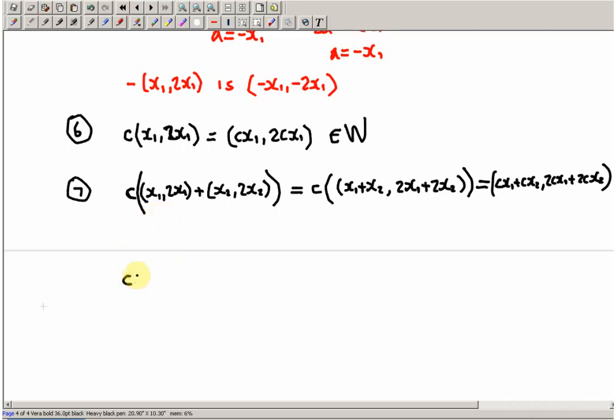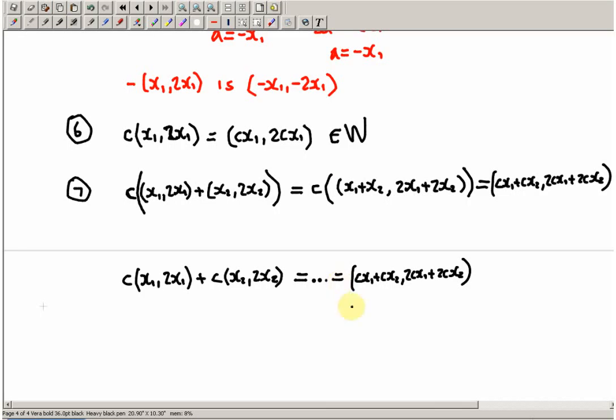Just expand that out. So c times the first vector plus c times the second vector, and if you expand this out, you're going to see the same thing. So this is equal to that. So property number 7 is satisfied.